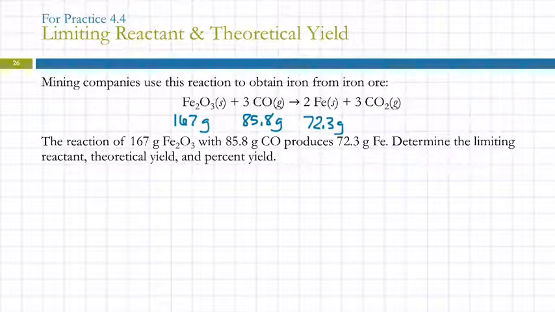So this is the actual yield. As I mentioned before, in a problem, they have to give that to you somehow. Sometimes they'll come out and say, the actual yield was this, and that's easy, but this one they didn't actually say that. How do we figure out the limiting reactant?